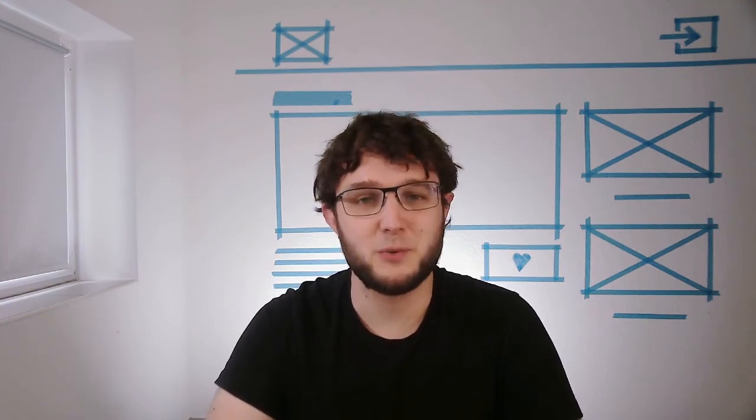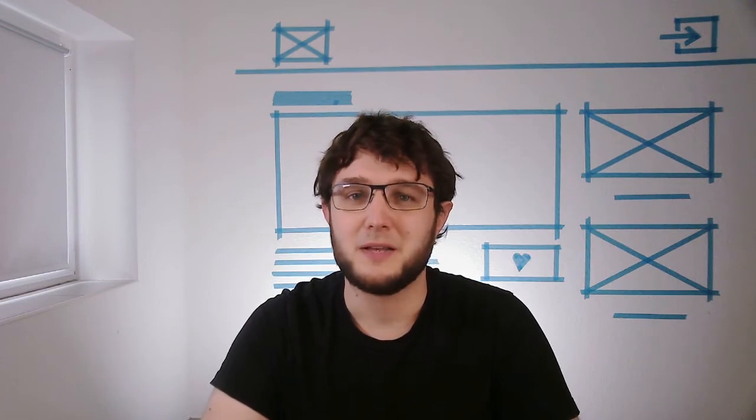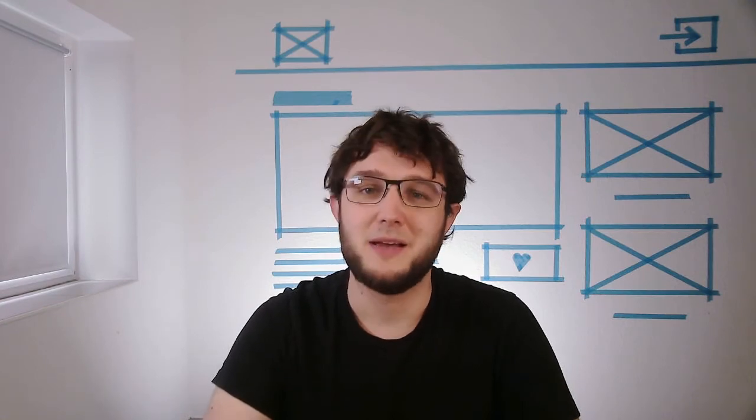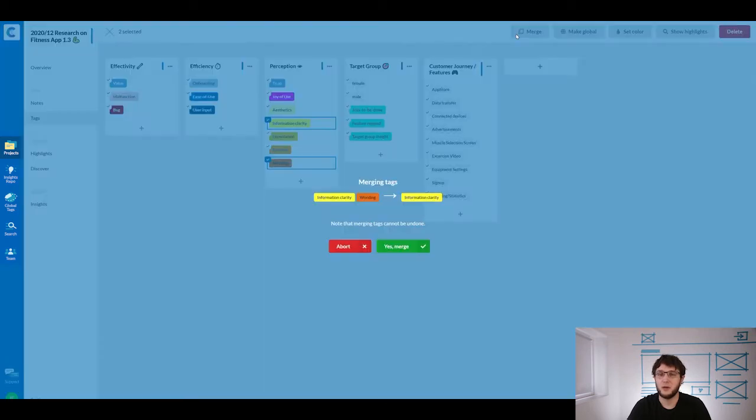Depending on the system you use, this could be very time consuming or could be supported by the software, like in our case. So Considerly has a function which has an easy way to mark multiple tags and then just merge them. So for example, if a colleague used another term for the same tag you use, you could just mark those two and merge them.